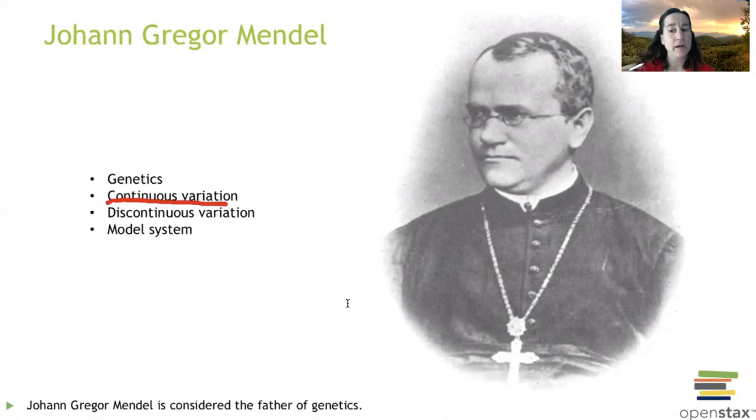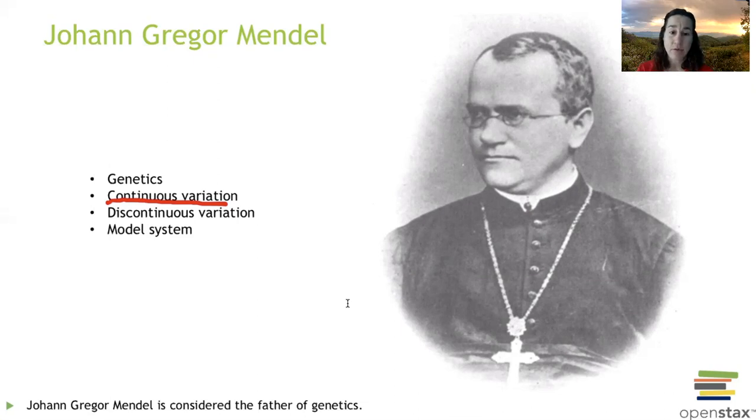It wouldn't be dark hair and it wouldn't be light hair. It'd be somewhere in the middle. That's continuous variation. That was the theory of his time, that offspring are some blend somewhere in between mom or dad, but not mom or dad, somewhere in the middle there.